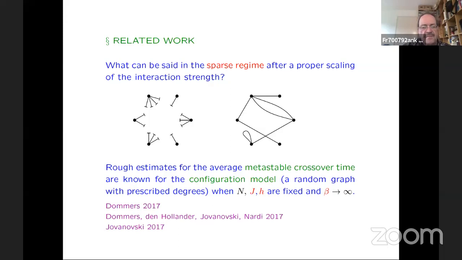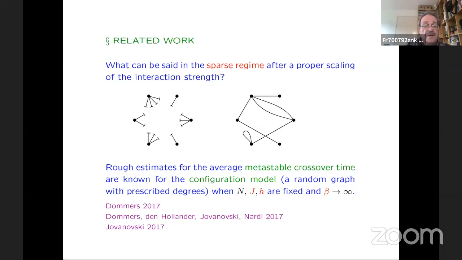And then over time, we were able to say something about this. It's very challenging in the sparse regime. There are many things that we do not know. We will again see something of the form that we have a prefactor and an exponential term, but it turns out to be quite difficult to get your hands on these terms.